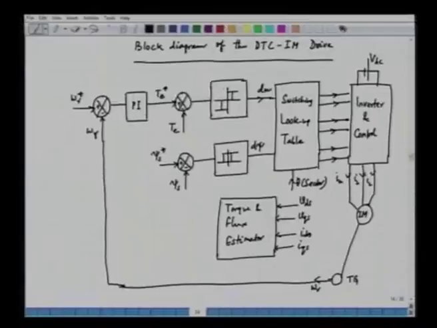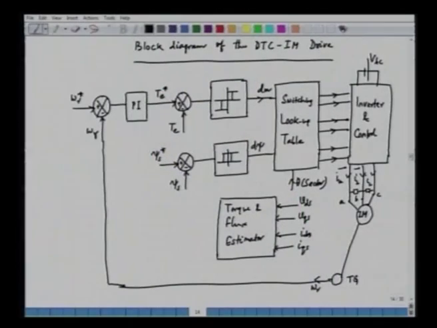Of course, in this case what we have here is phase A, phase B and phase C. We can have Hall sensors here to measure the line voltages, and from that we can calculate what is VDS and VQS. And similarly, we can have the current sensors here, and these current sensors will give us IA and IB, and from IA and IB we can find out what is IDS and IQS in the stationary frame. We do not have to have any rotating transformation, because these variables are being calculated in the stationary frame.